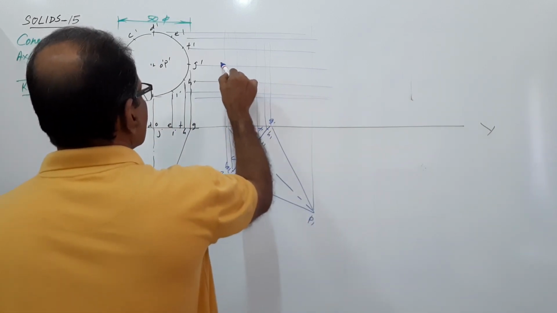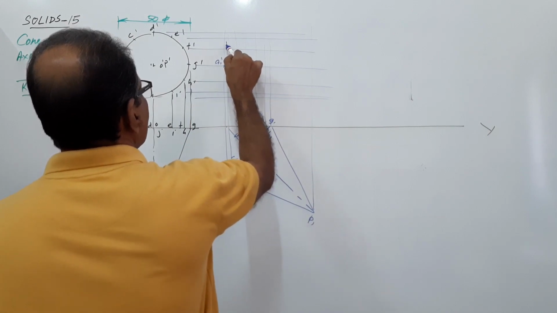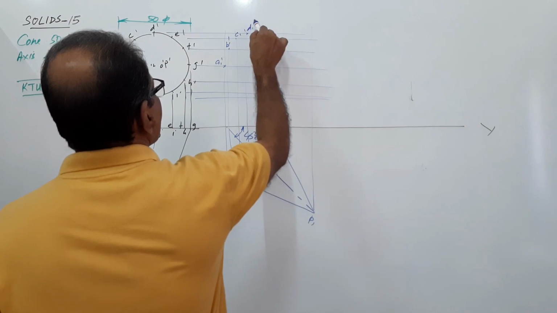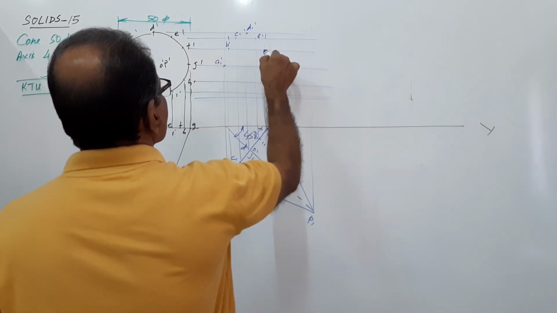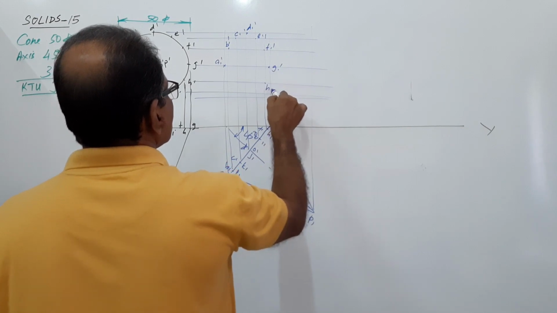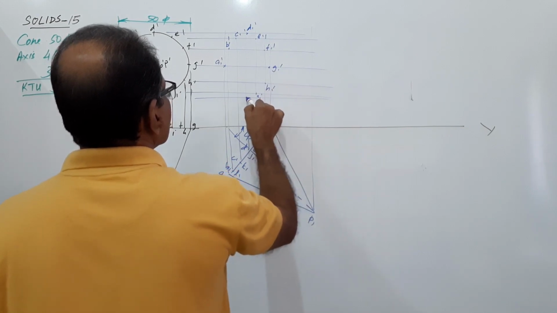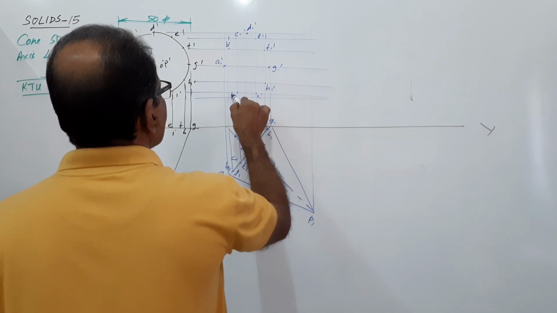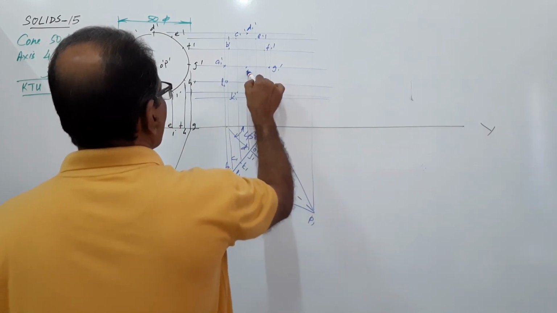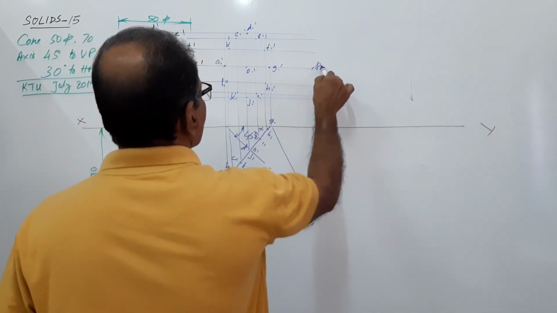Mark the points A1 dash, B1 dash, C1 dash, D1 dash, E1 dash, F1 dash, G1 dash, H1 dash, I1 dash, J1 dash, K1 dash and L1 dash, O1 dash, P1 dash.